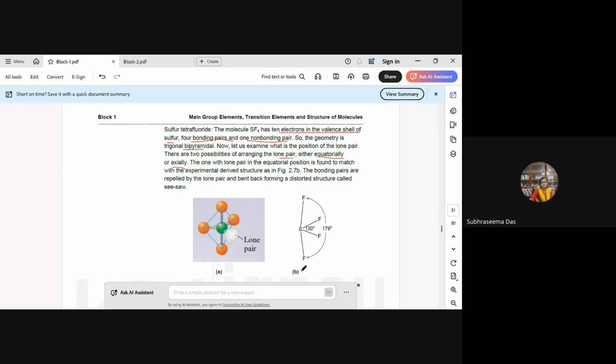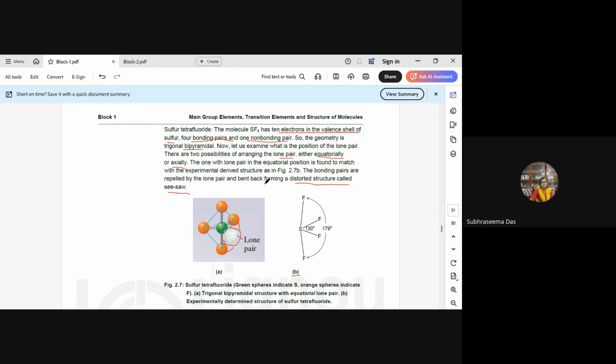Then the bond pairs are repelled by the lone pair, and the bond pairs that lie close to it are pushed back and form a distorted TBP structure, which is called the seesaw structure.